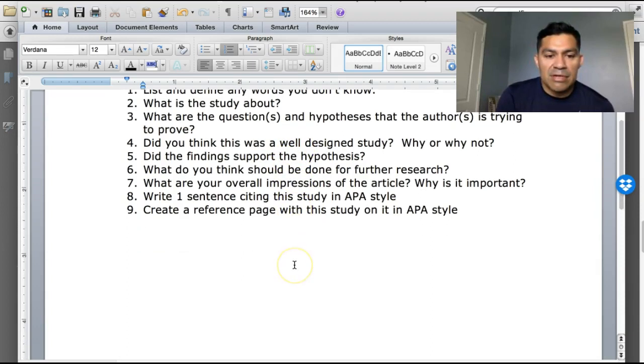The final portion I want to cover is these two last questions, and I hope this will help you in the future as well. I explicitly picked this to cover, so we're going to spend a little bit of time on writing a sentence where you cite this study in APA style, and also how to create a reference page so that you can reference the studies that you had in your paper.